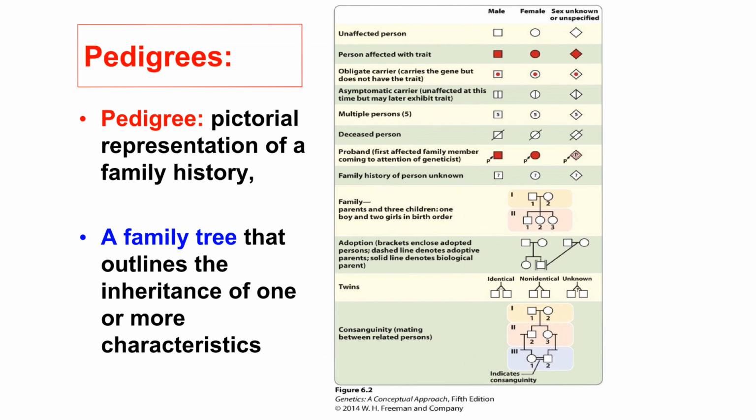So what is a pedigree? It is a pictorial representation of family history. When you construct a pedigree, you are constructing a family tree reflecting a certain trait, which you put in that picture using standard symbols.